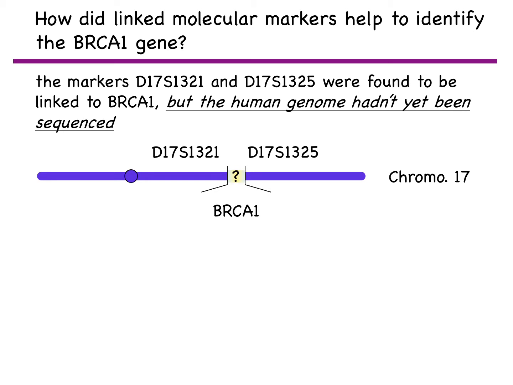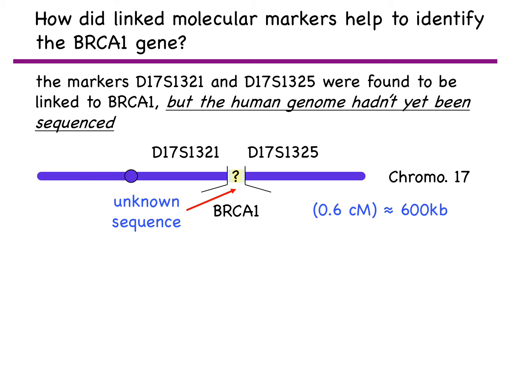But again, the sequence of the genome was not known, so the sequence that resided between there was completely unknown, and the location of the disease-causing mutation was also unknown, okay? So this sequence is all unknown. All she knew was that the BRCA1 gene was somewhere in that interval. She also knew that based on the linkage mapping results, this interval consisted of 0.6 centimorgans.